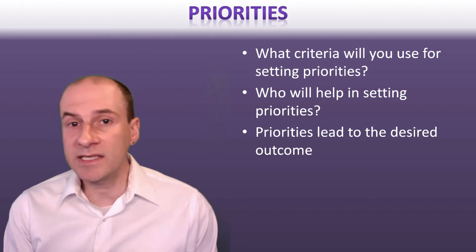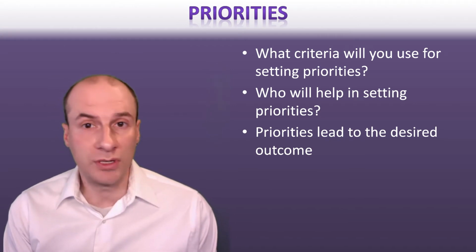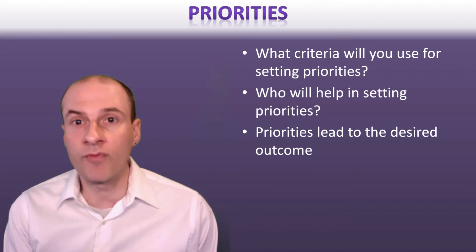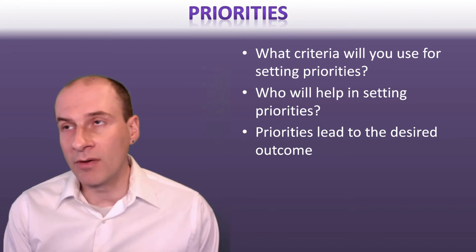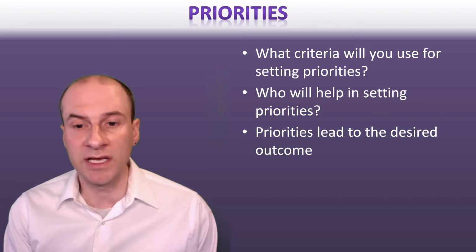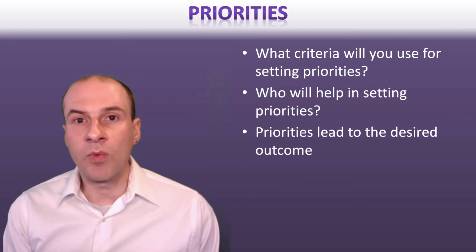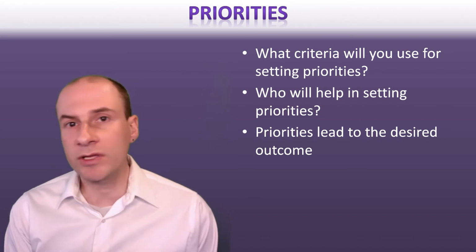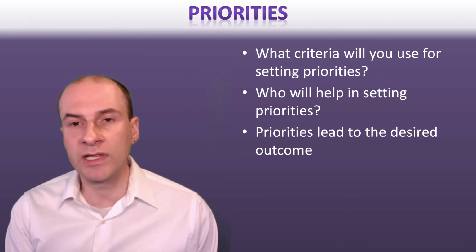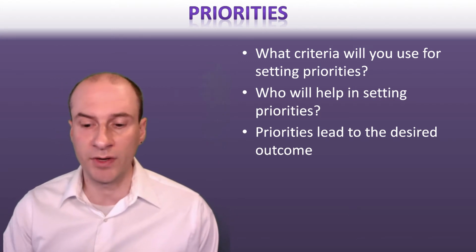It isn't always the case that all stakeholders have to be involved, but it's often wise to include a range of people who are interested and knowledgeable about this issue. And also think about whether the priorities are connected to the desired outcomes. We're going to talk about that more later, but priorities connect very closely to the outcomes you're hoping to achieve.